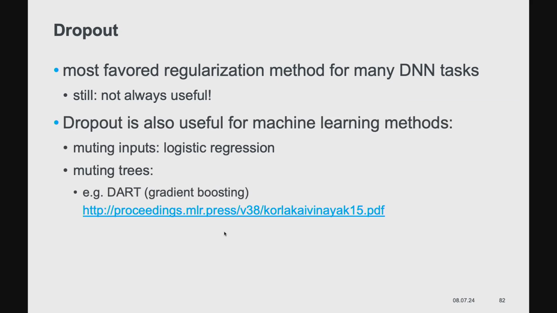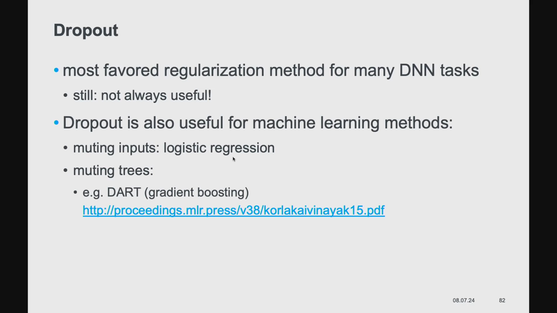Dropout is most favored, not always useful. One also finds papers that describe where it wasn't useful. You can also try to use it for other machine learning methods. When you use logistic regression, you don't have multiple layers. But what you have for logistic regression are different input channels, different attributes.